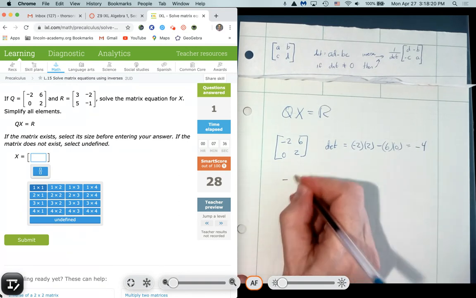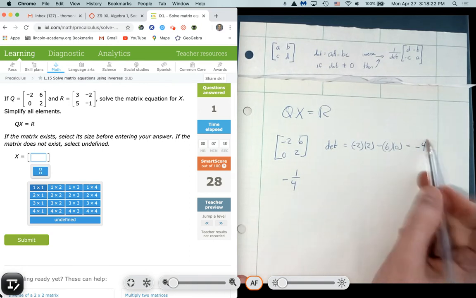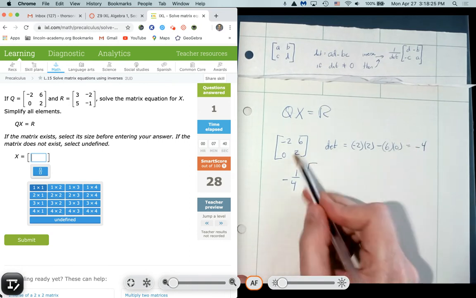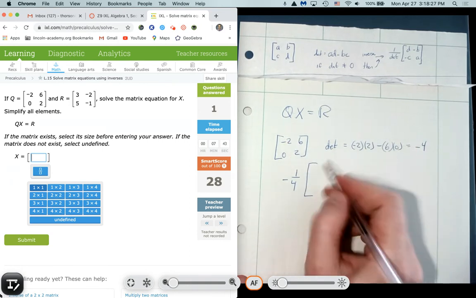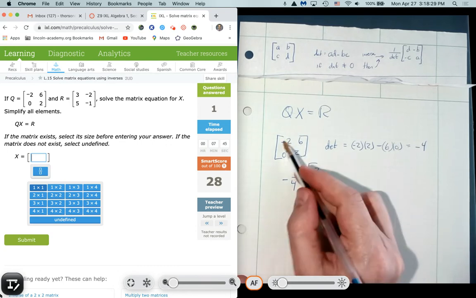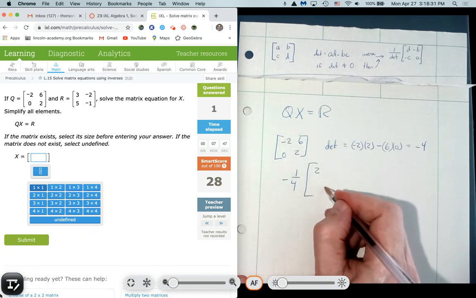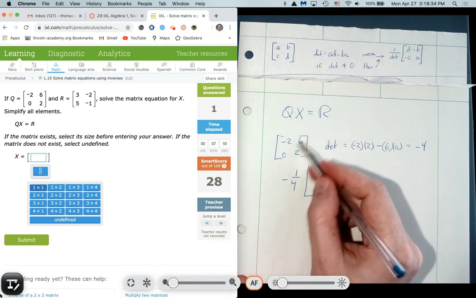I'm going to do negative 1 over 4, that's the reciprocal, times, now I'm going to swap the places of those two. So that positive 2 will go up in the top left, the negative 2 will go down to the bottom right, and I'm going to change the sign.